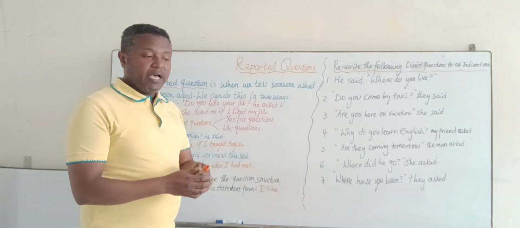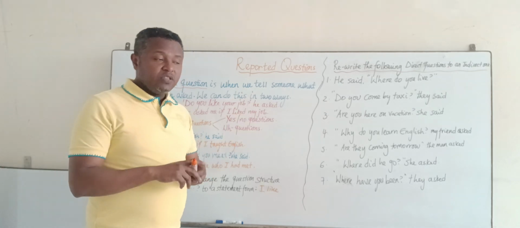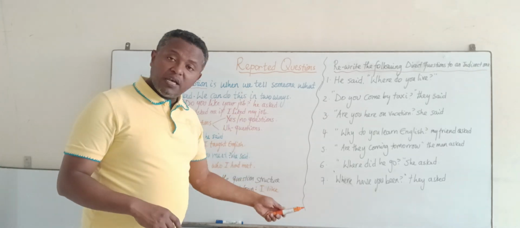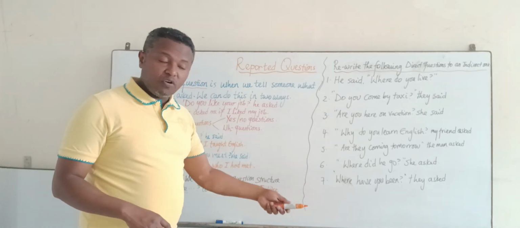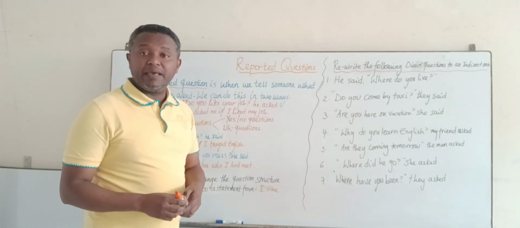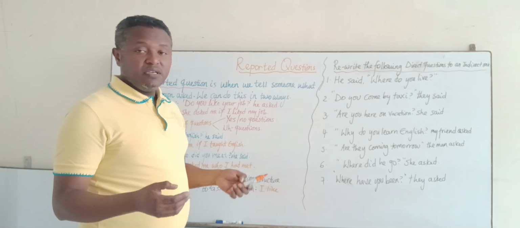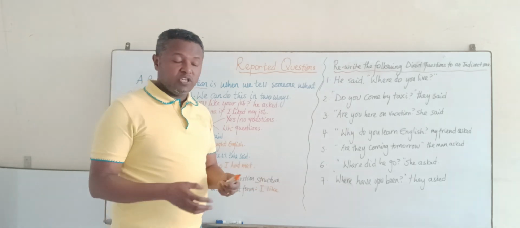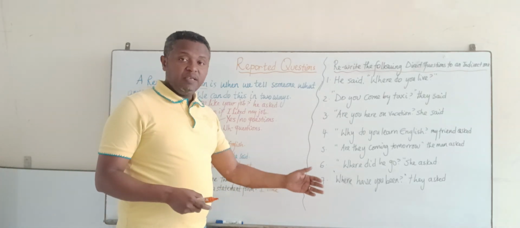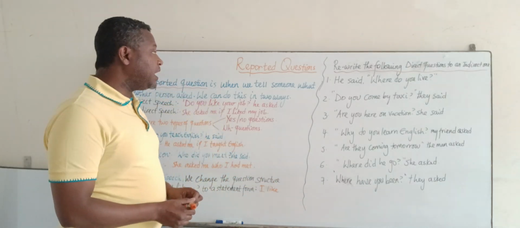I can say, he said, what's your name? In quotation. Or I can indirectly tell this person, he asked what my name is, or what my name was, because we don't change names. It is true always, so we can say he asked what my name is. So this is the idea.